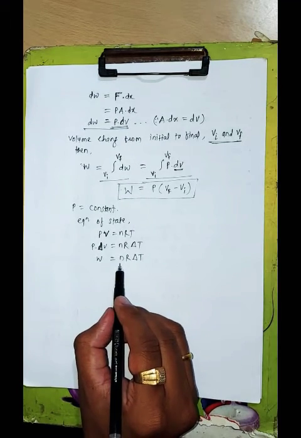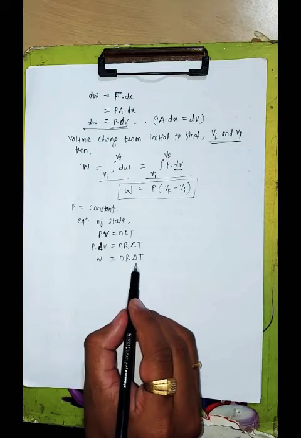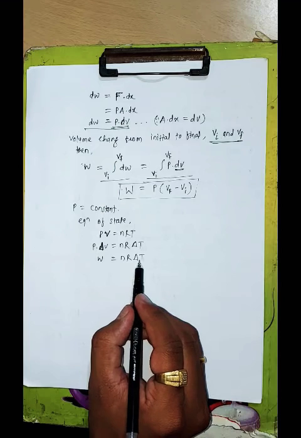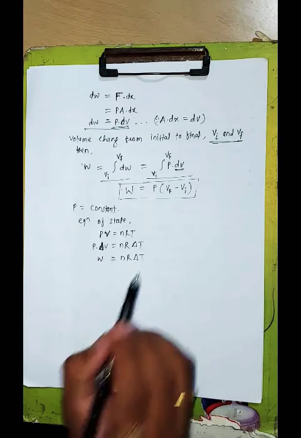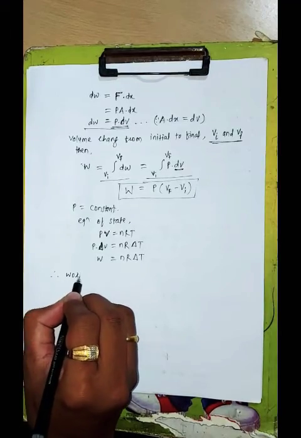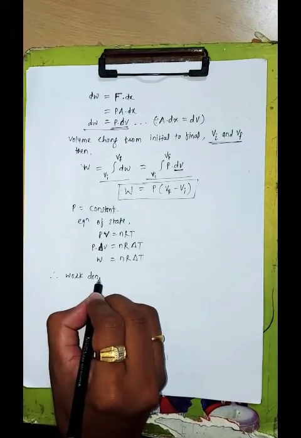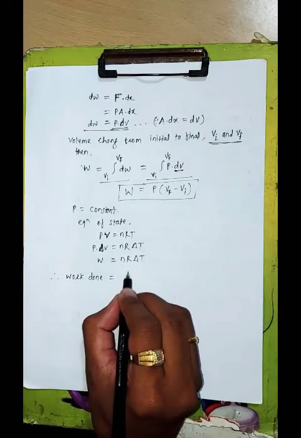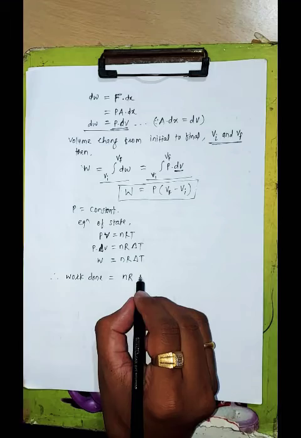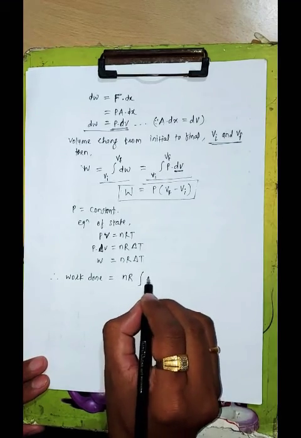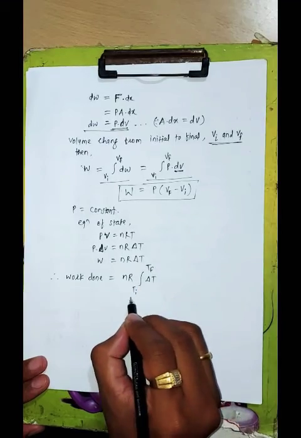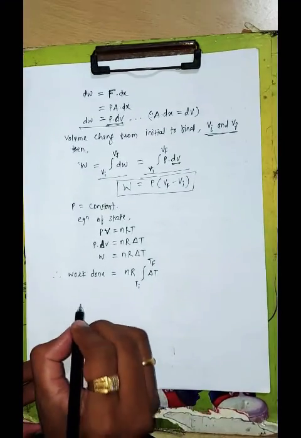In that case, N is the number of moles, R is the universal gas constant, and delta T is the small change in temperature. That means it changes from its initial position to final position. So finally, we write the formula for work done as: N and R are constant values, so we can take them outside the integration, and integrate dT, where the limit goes from Ti to Tf, that is initial temperature to final temperature.